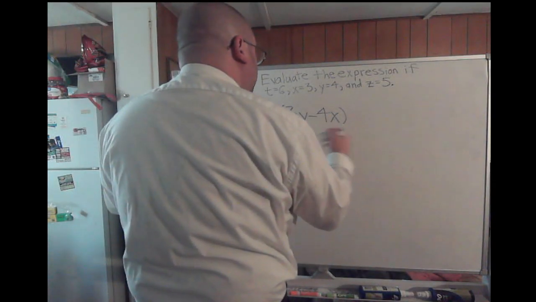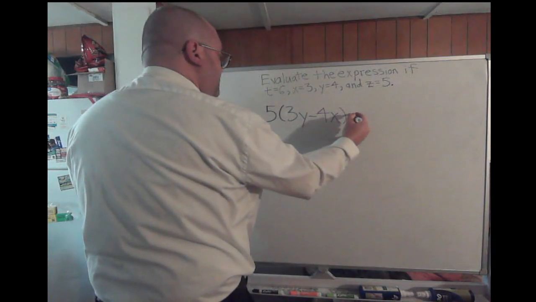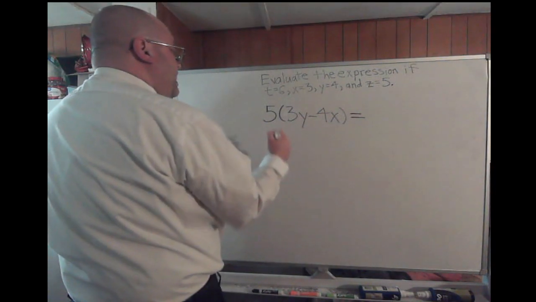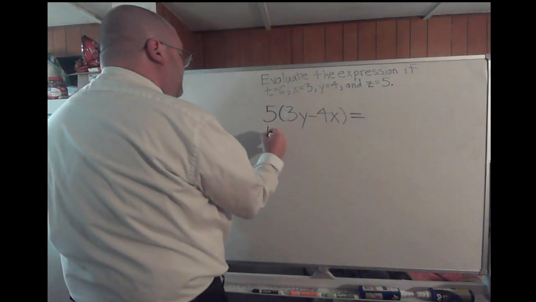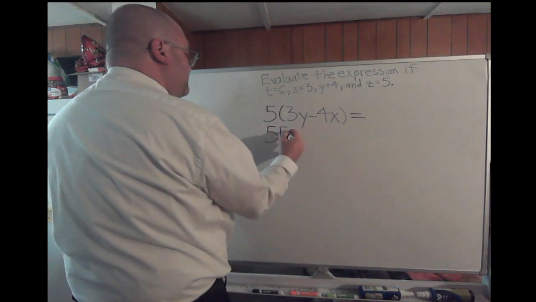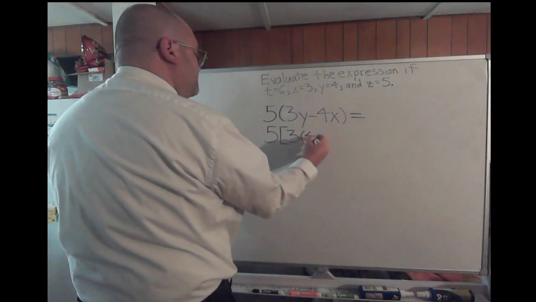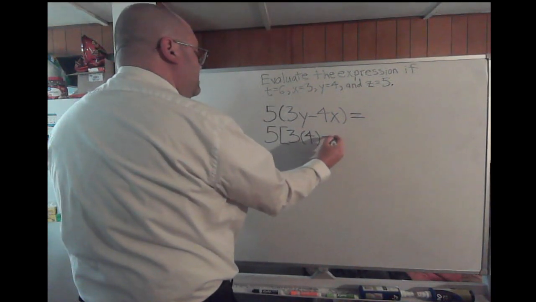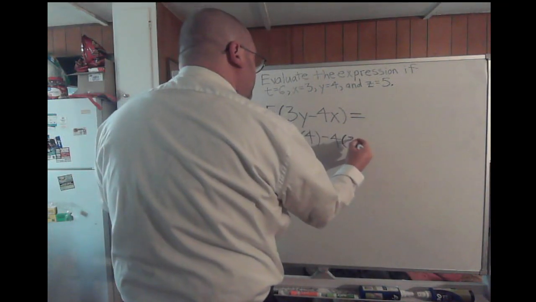Well, again, you'll just substitute your y and x values in for whatever those are. I'm going to convert the outer parentheses here into a bracket, so you'll have 5 times the bracket of 3 times, in parentheses, y is supposed to be 4, so you get 3 times 4 minus 4 times the value of x being 3.